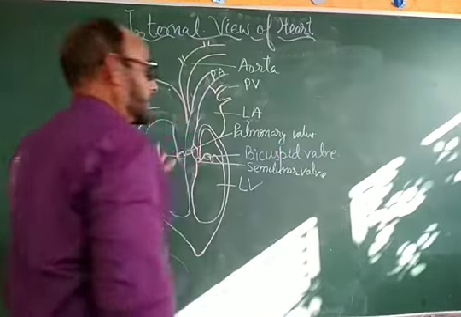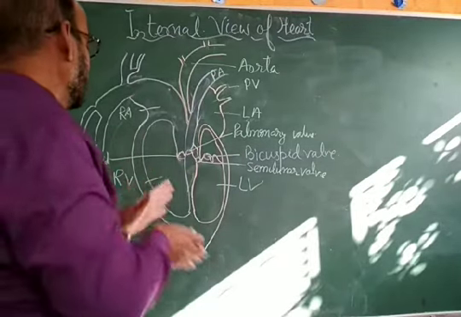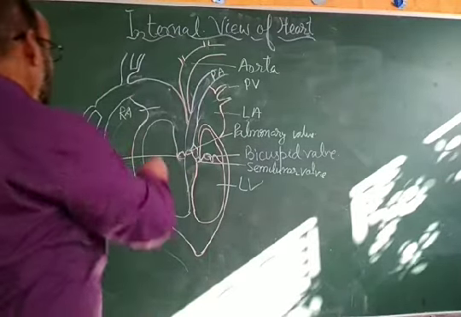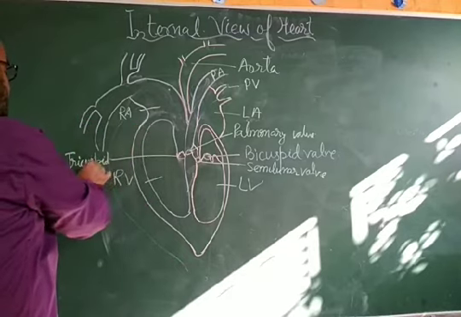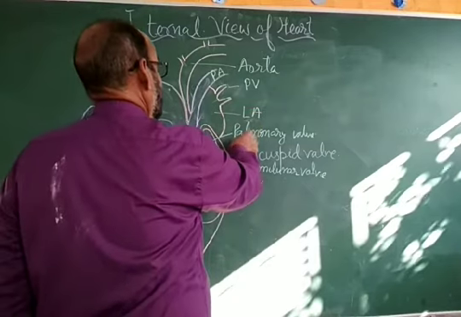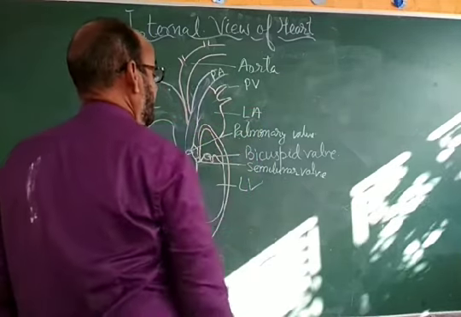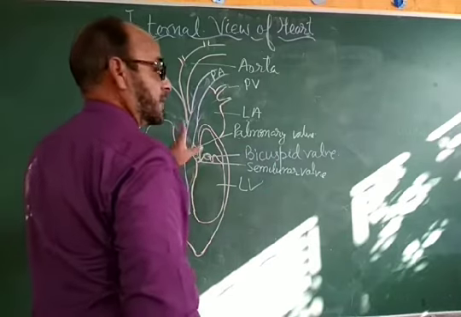So my dear students, these four valves are responsible for the pumping of the blood in the vascular system. On the right side there is the tricuspid valve, on the left side there is the bicuspid valve, the pulmonary valve is in the middle, and the semi-lunar valve is in the central side.